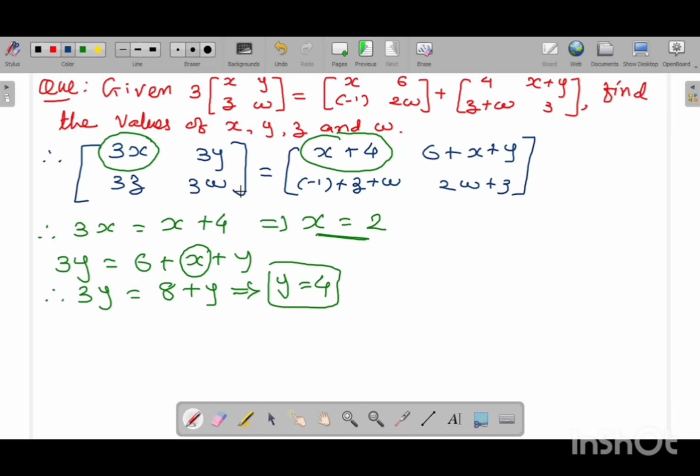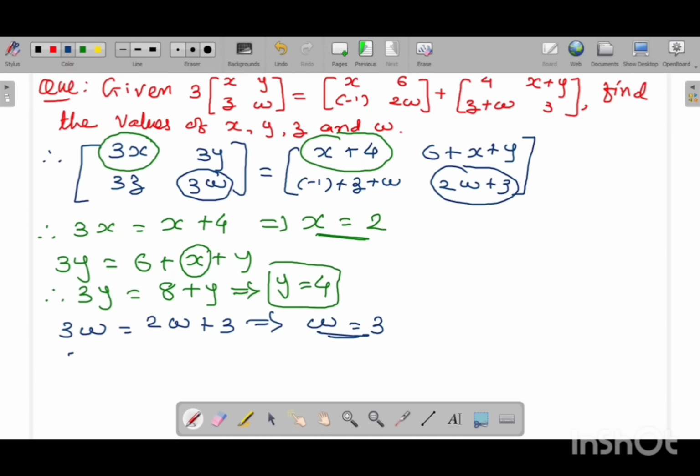But when we see the fourth element, we have 3w equals 2w plus 3. Anybody can easily calculate that the value of w is 3. And then we have 3z equals minus 1 plus z plus w.